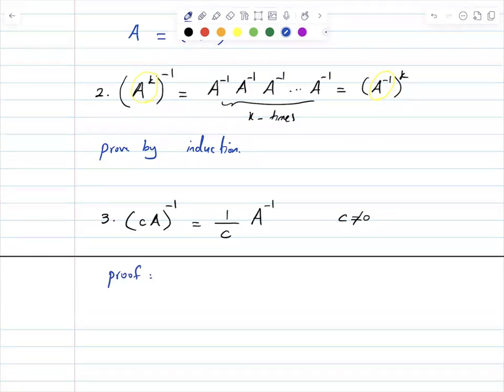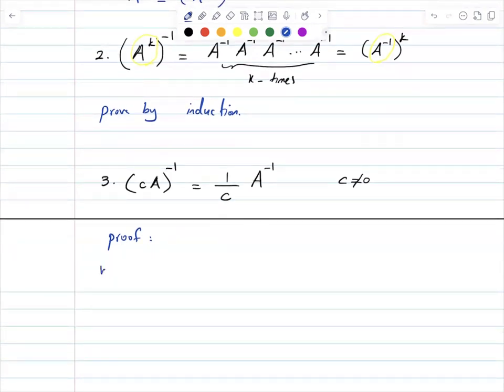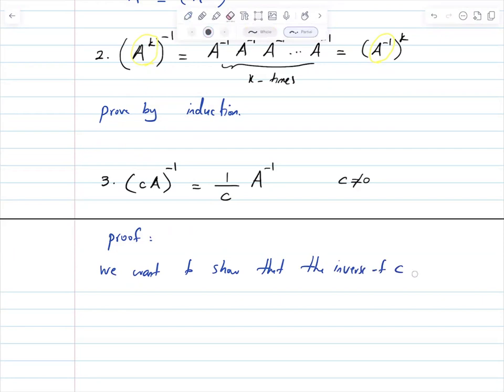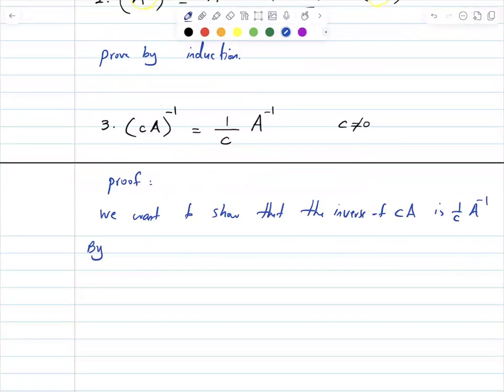Basically, we are finding the inverse of C times A, and we're saying that the inverse of CA is 1 over C times the inverse of A. So we want to show that the inverse of CA, let me make sure this is capital A, is 1 over C times the inverse of A. But by definition, if you have an inverse for a matrix, if you do the multiplication, then you can show that it's equal to the identity matrix.